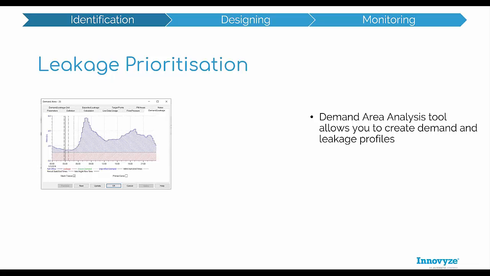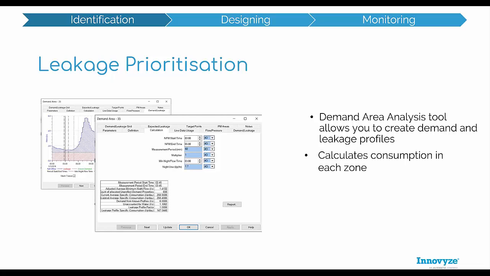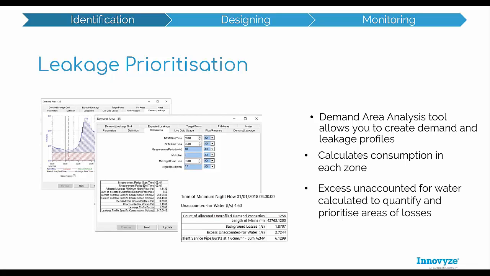And using these live data connections, the demand area analysis tool allows you to generate your demand profiles based on the flow through a DMA on a specific day, and we can generate both a demand profile as well as a leakage profile.